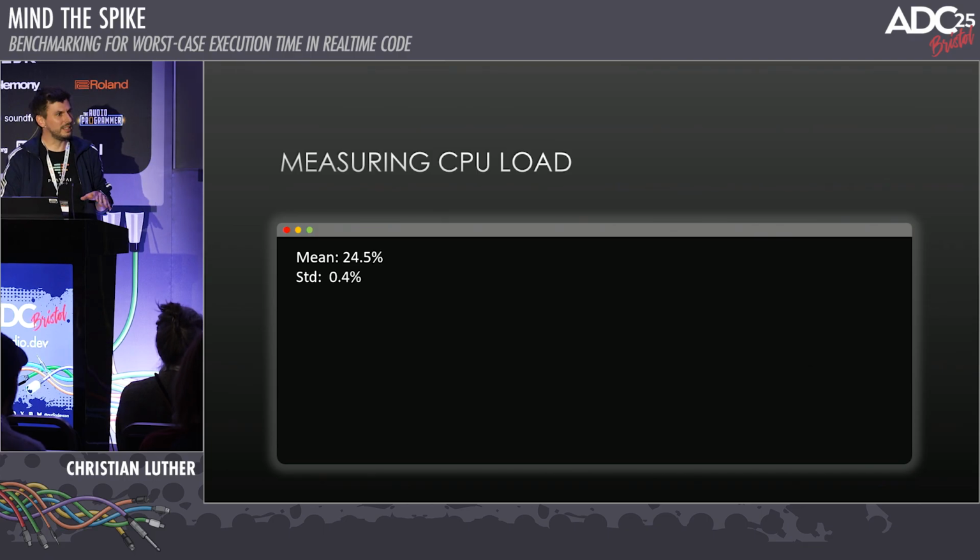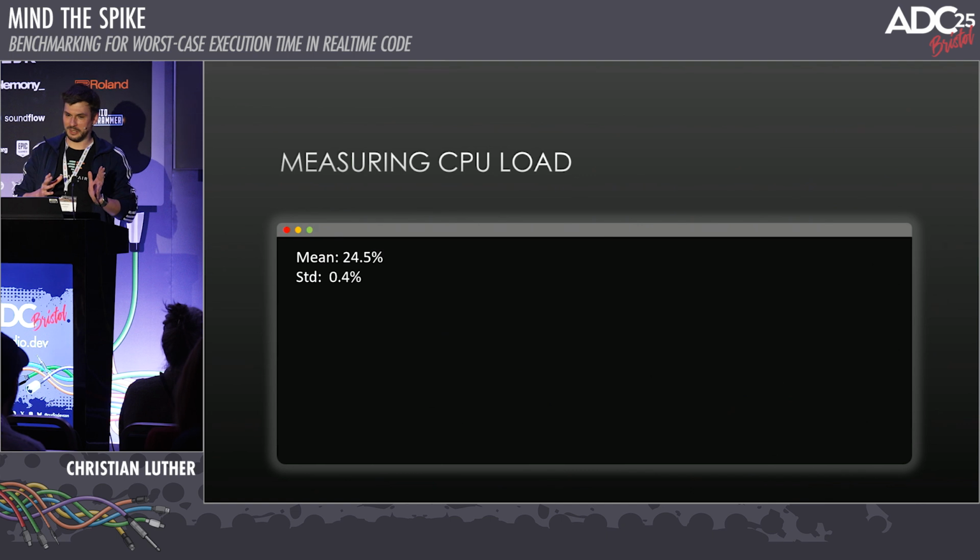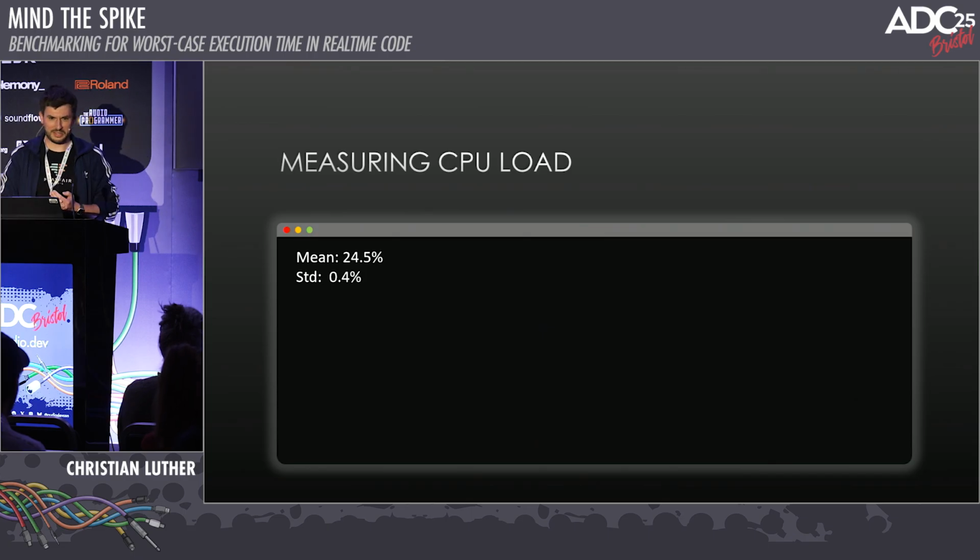Intuitively, we would think that most of the time we're within this range of the mean, so between 24 and 25% most of the time. That seems pretty stable, not a lot of variation to worry about. But to be sure, let's look at the range that we really see and compute the maximum.